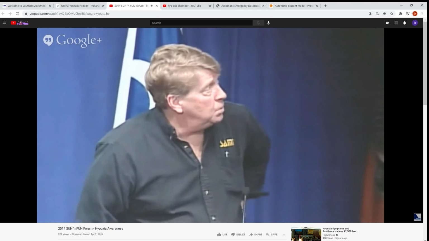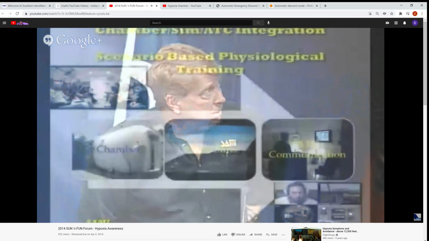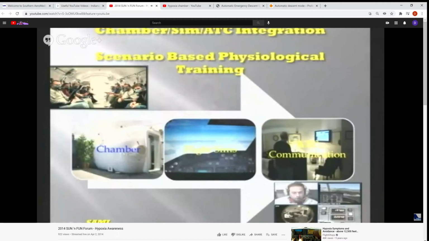That's the standard in training. What I wanted to do in '06, after the Helios accident, was take the same chamber, but integrate flight sims, because pilots love to fly. And you give a pilot a sim, the first thing they want to do is take off, right? And I also built an air traffic control station immediately outside the chamber.